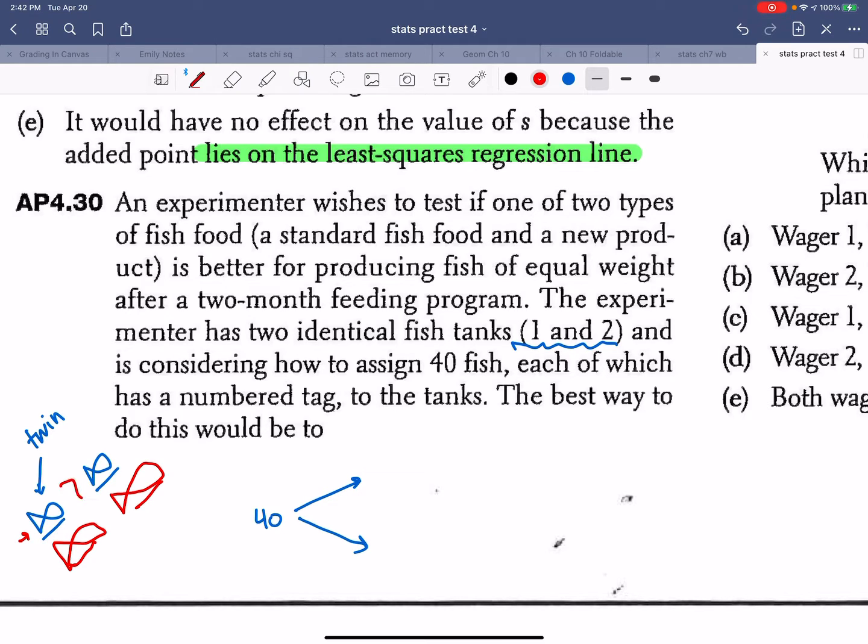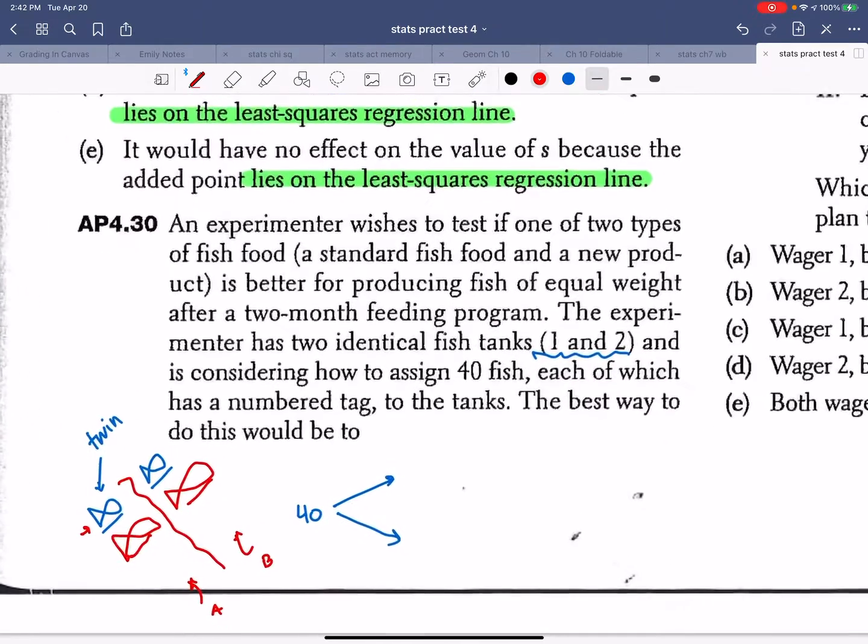So that we're creating kind of a match pair, so that tank A looks like it has all the same type of fish, and tank B looks like it has all a good variation of sizes, okay?